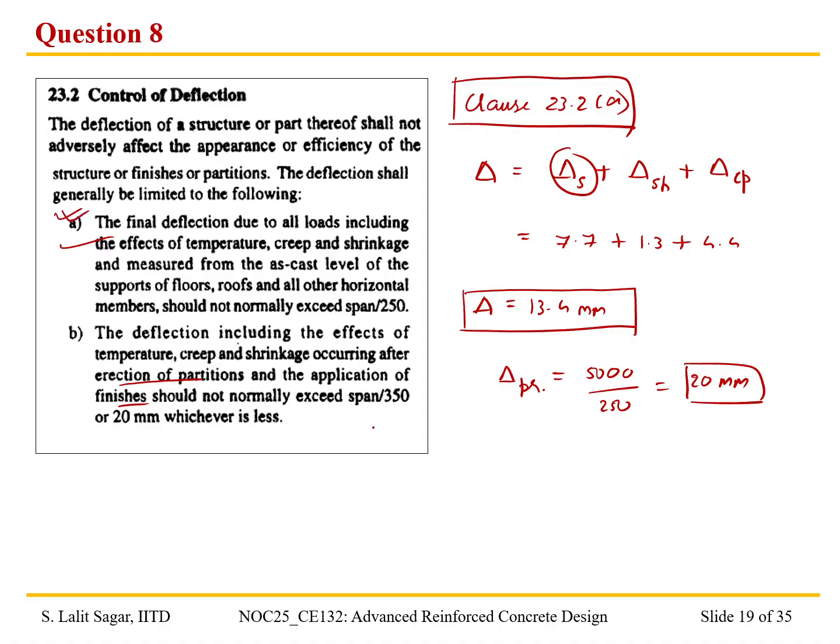Now let us check for clause 23.2b. So here this delta is equal to delta initial, that is the initial loading or the imposed loading, plus delta SH plus delta CP. What is delta I?